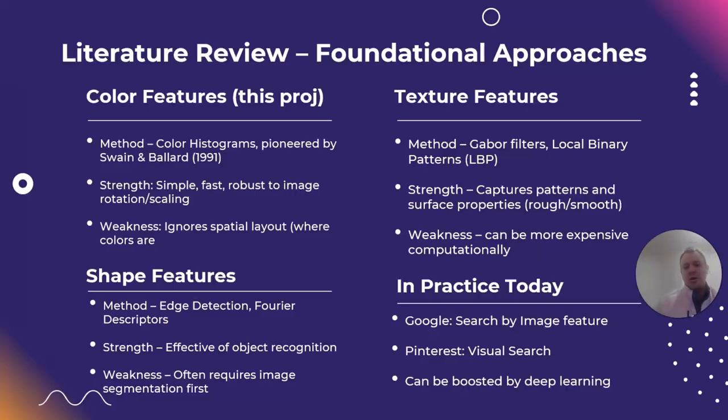It's really powered today by deep learning a lot, but they pioneered this method in 1991. The strength is it's simple, fast, and robust to image rotation and scaling. The weakness is it ignores spatial layout, where the colors are, but I didn't really see a lot of that in the testing for this.